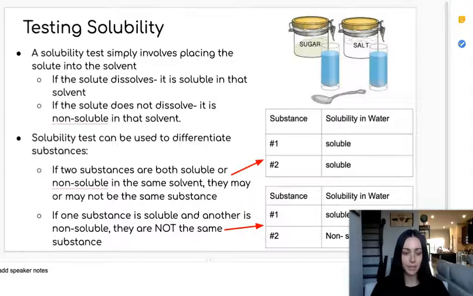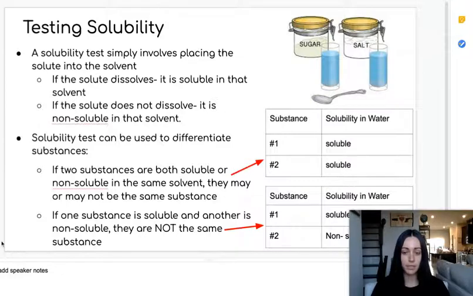We cannot determine whether the substances are or are not the same, because many substances can be soluble in a given solvent. So the fact that they are both either soluble or non-soluble does not definitely tell us whether they are or are not the same substance.